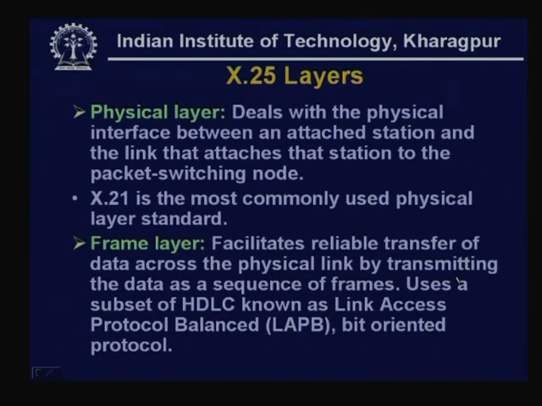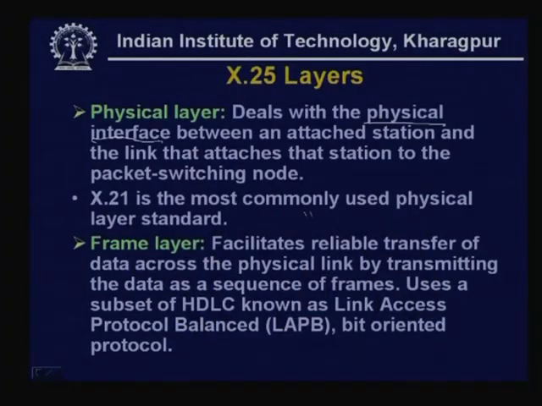First, the physical layer, as I mentioned, deals with the physical interface between an attached station and the link that attaches this station to the packet switching node. As you know, this interface defines the physical, electrical, functional and procedural specification. We have already discussed that.